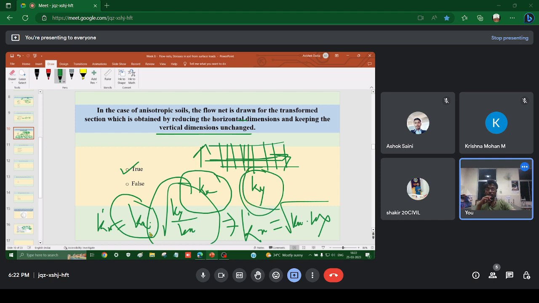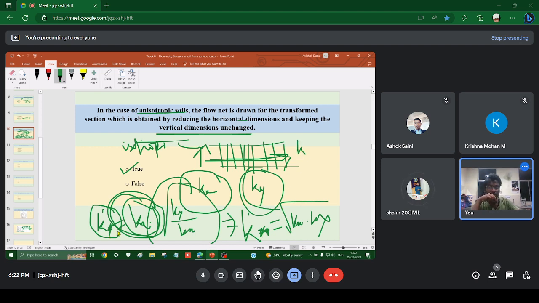So to transform this kx, I am trying to transform this anisotropic soil into an isotropic soil. To find the equivalent k for isotropic soil, I'll not write kx, I'll just write k to make it simpler. In isotropic soil, it is only k, not kx and ky, isn't it?